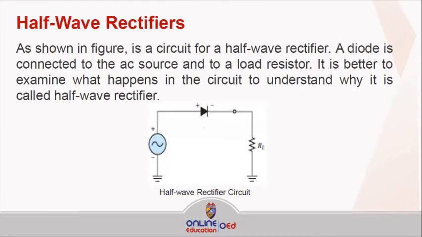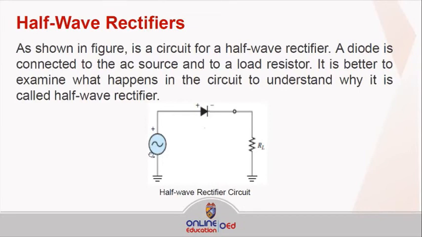As shown in the figure is a circuit for a half-wave rectifier. A diode is connected to the AC source and to a load resistor. It is better to examine what happens in the circuit to understand why it's called a half-wave rectifier. Okay, ganito yung schematic circuit natin for a half-wave rectifier.